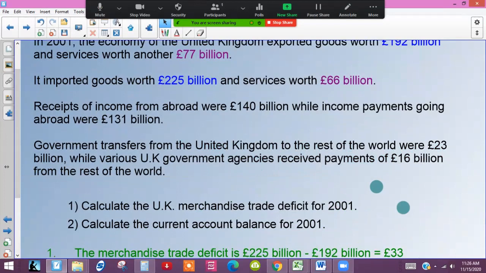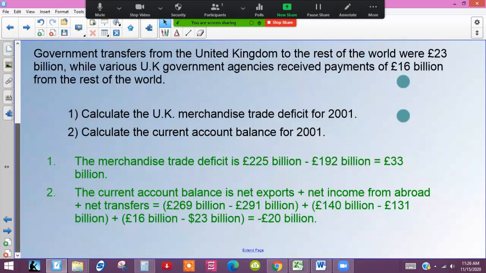If they had 16 billion coming in, 23 going out, then you subtract 23 from 16 billion, as we are doing right here. And this gives you a negative for your net transfers. So when you do all your math, you end up with a current account balance in deficit of negative 20 billion pounds. So that's how you do that one.